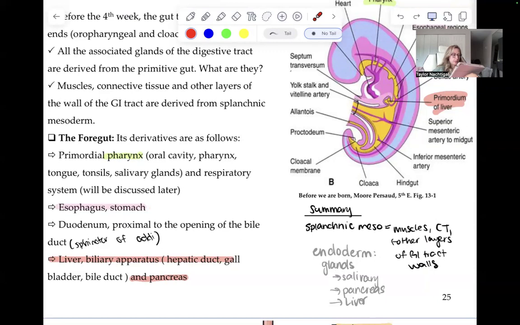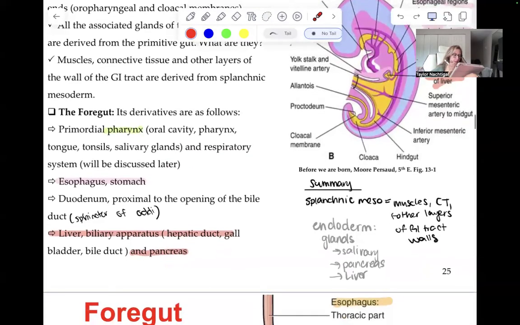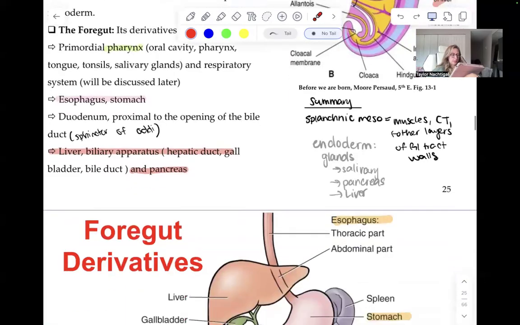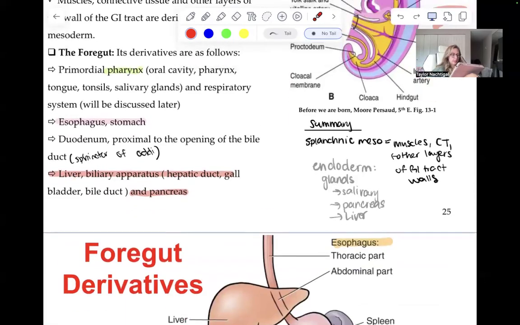Now it's important to note that the respiratory system and the esophagus both arise from one singular tube because we're going to get into defects of what can happen in a few slides when you have a failure of those two structures to separate. The duodenum proximal to the bile duct, the sphincter body. And then we've got the liver, the gallbladder, and associated structures, and the pancreas.